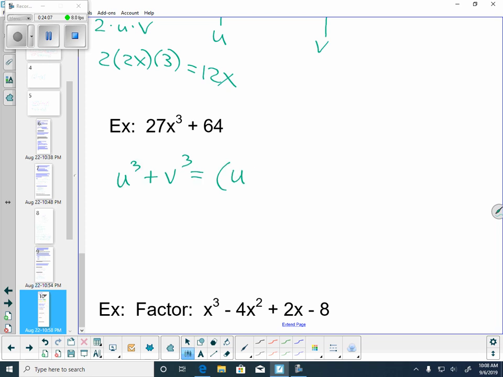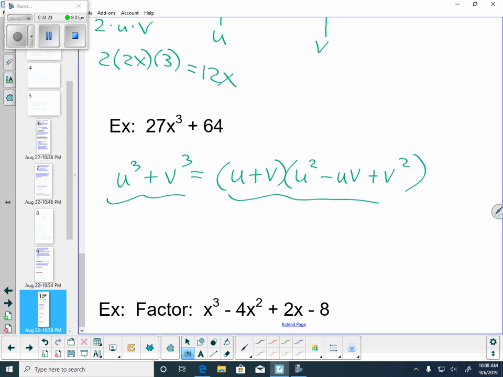That's going to factor into u plus v times u squared minus uv plus v squared. See, it's a sum here, a sum of 2 things. But if I write it like this, it's a product of 2 things. It's factored. Much nicer form.